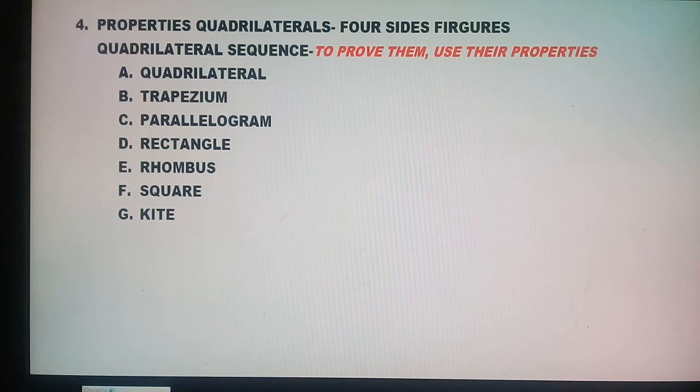We have the trapezium, the parallelogram, the rectangle, the rhombus, the square, and the kite. We have to know the properties of these quadrilaterals in Euclidean geometry.